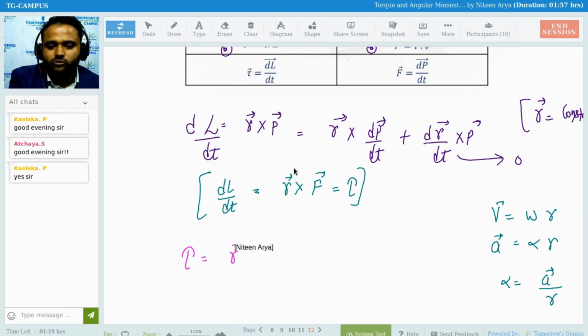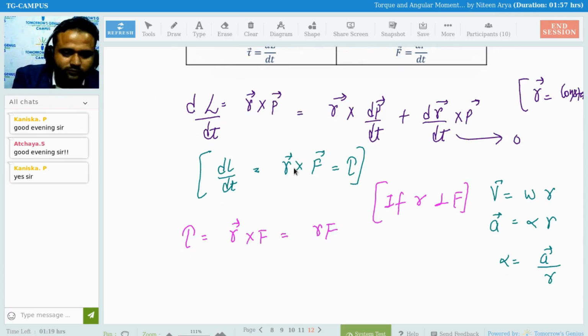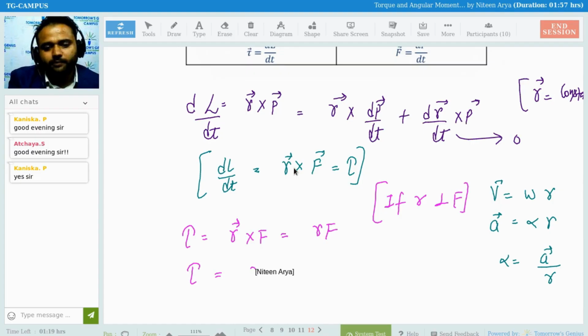As we know, torque tau equals r cross F. Suppose r is perpendicular to F. Clear? So torque tau equals r m a. Clear?